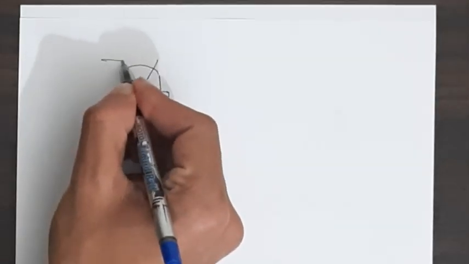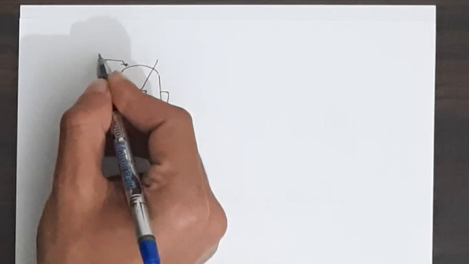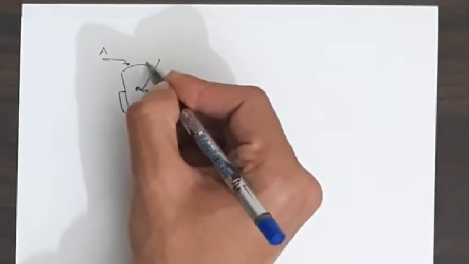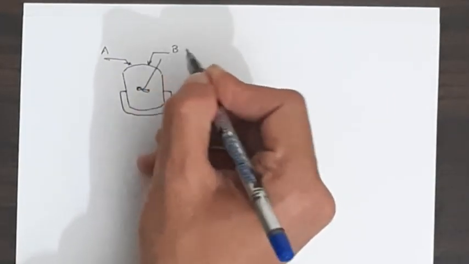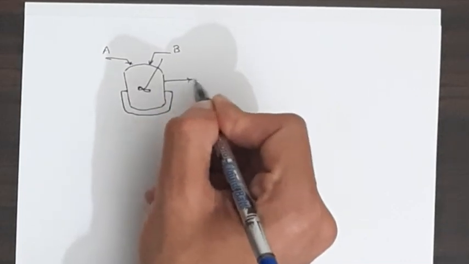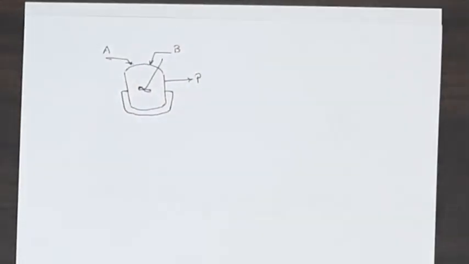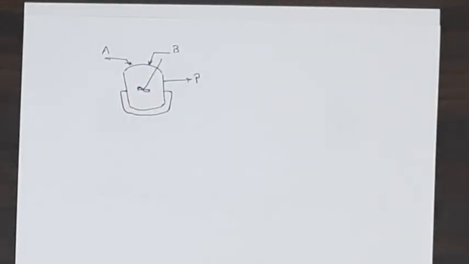In this reactor, let's say that we have A plus B to give us a certain product, P. Here, the question says that there is a temperature indicator, and all of this indicator and control system is to control the composition.